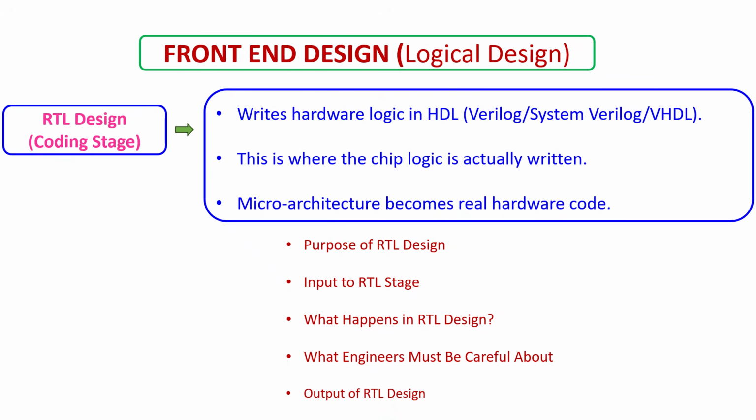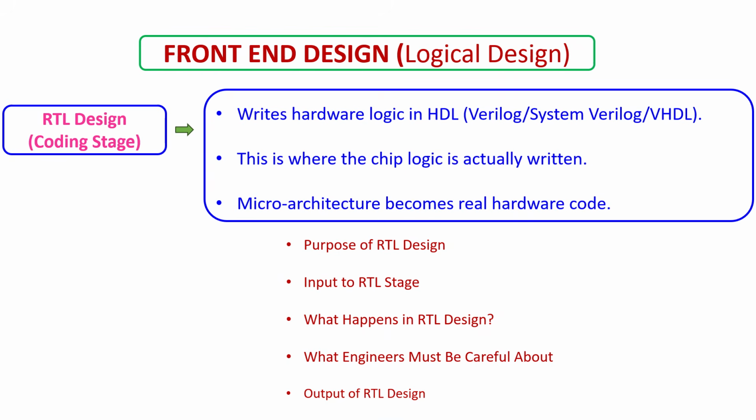Engineers write RTL using Verilog, SystemVerilog, or VHDL, and they implement adders, multipliers, ALU, FSM, etc. What must engineers be careful about? Poor RTL will lead to major problems in later stages. So engineers must be careful about synthesizable coding style, proper reset design, clock domain handling, and timing awareness.